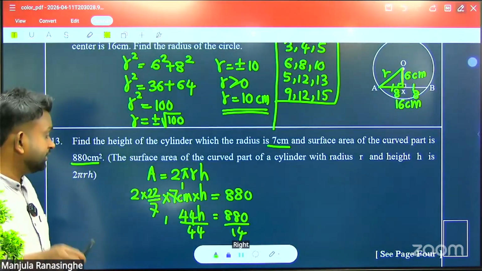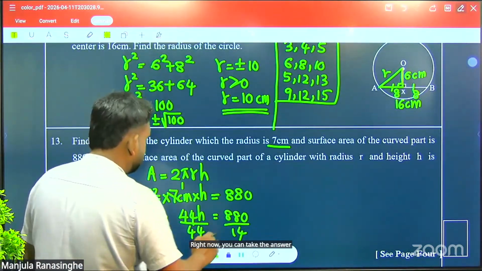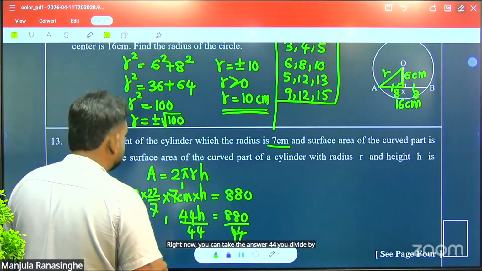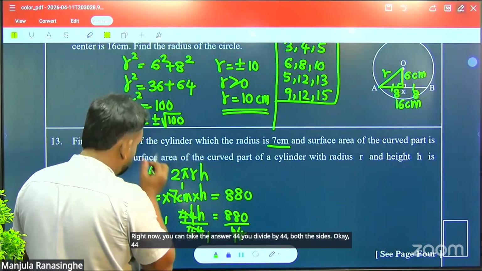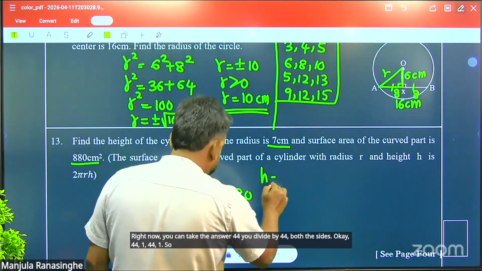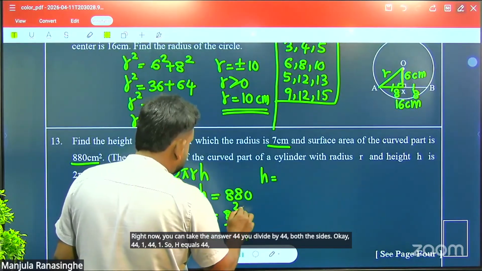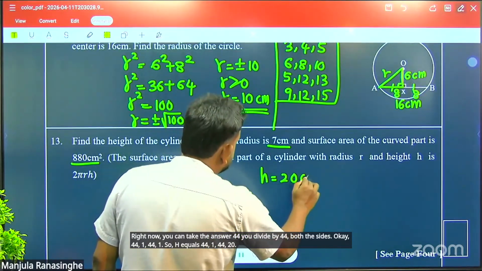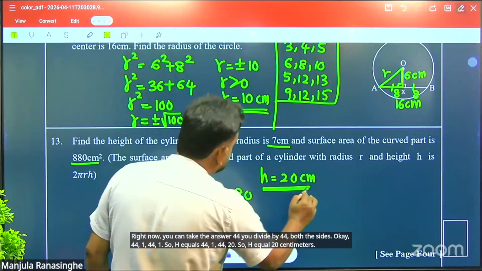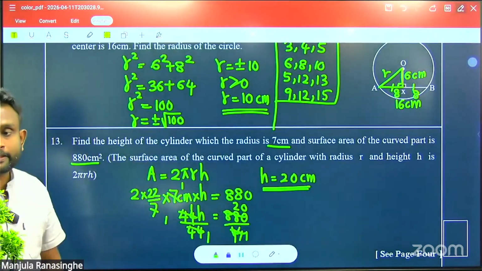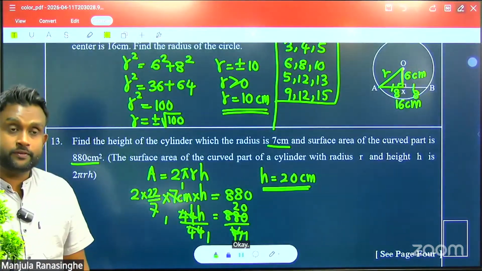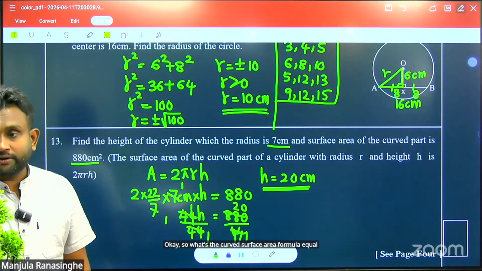You divide by 44 both the sides. 44 1, 44 1. So h equals 44 1, 44 20. So h equals 20 centimeters. So what's the curved surface area formula? Equal to 2πrh.